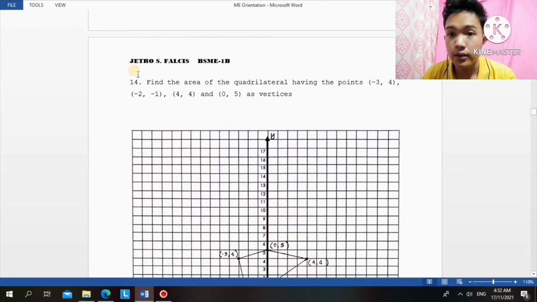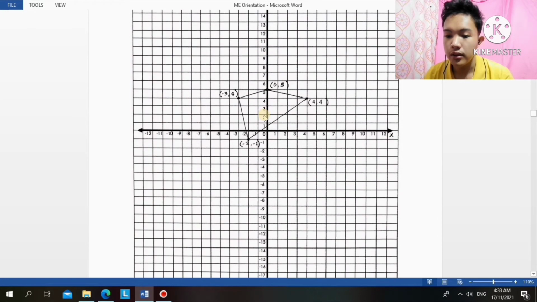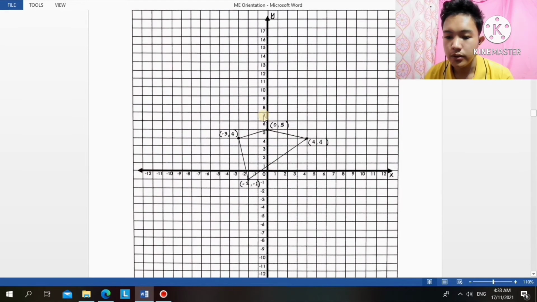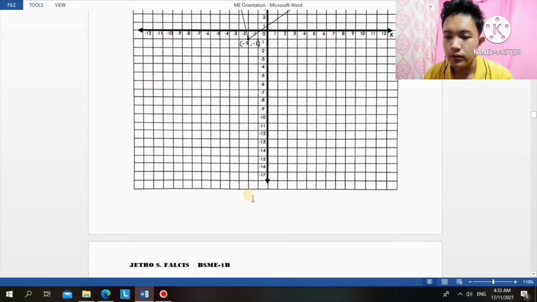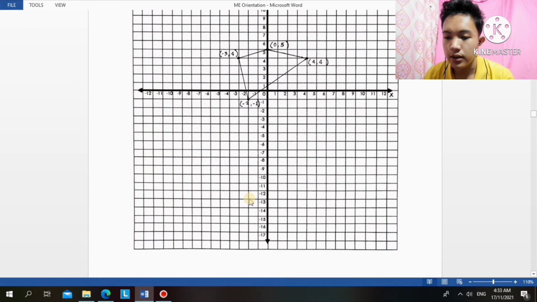So number 14, find the area of a quadrilateral having the points (-3, 4), (-2, -1), (4, 4), and (0, 5) as vertices. So this is our quadrilateral. So first, to solve the area of this quadrilateral, make a triangle here to solve the area of a triangle.